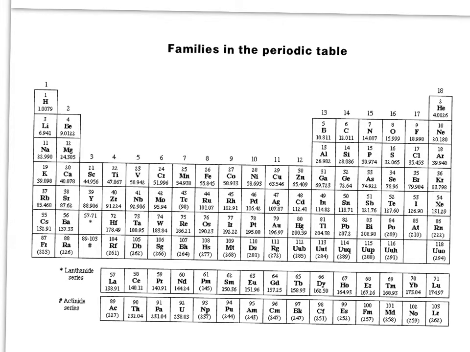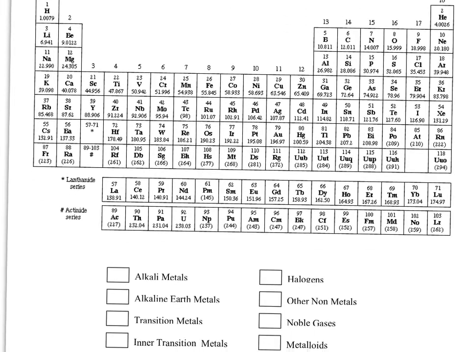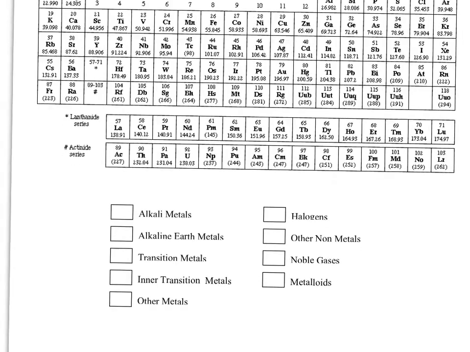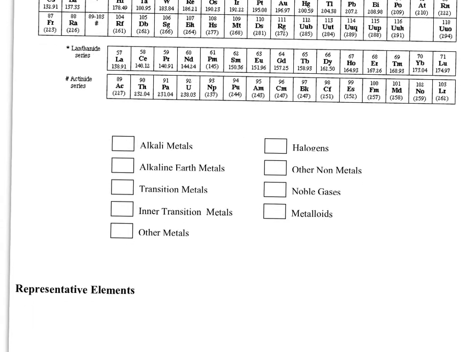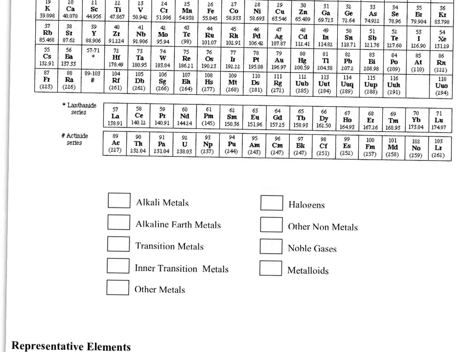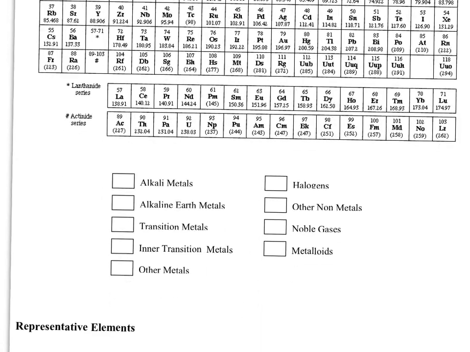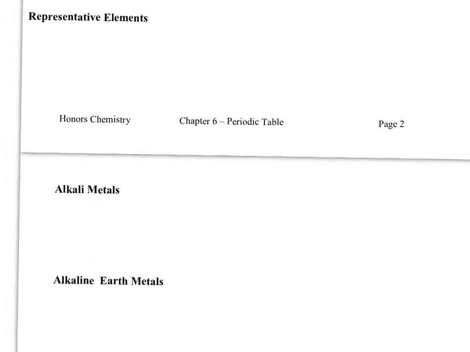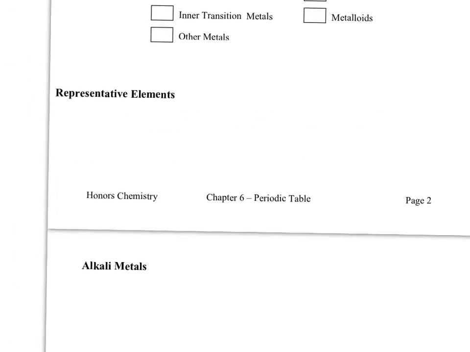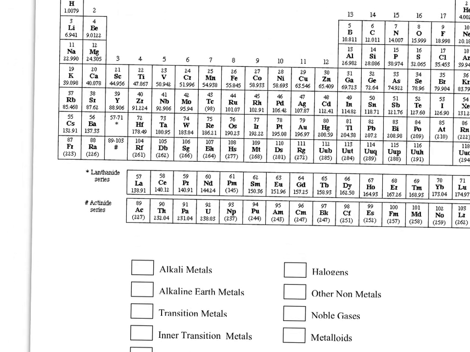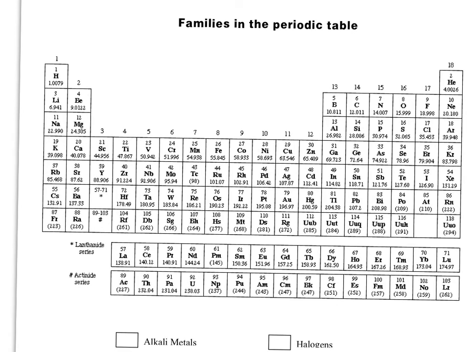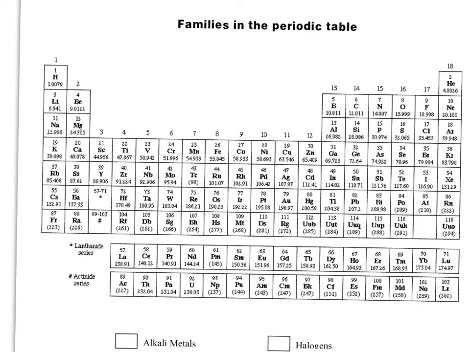And so you can just use your packet from chapter 2 to study for this test, or you can color these again. So there's room for you to color all the families and then also to write the notes. So again, pages 2 and 3 are just straight from chapter 2. So you can use your chapter 2 packet, or you can actually copy them. I think if you copy them, that will refresh your memory, and then you don't have to spend time studying, but it is up to you.